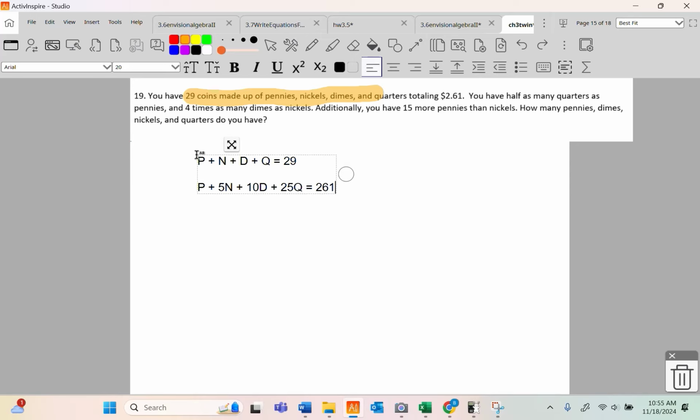I'm just going to talk about the pennies. $2.61 is 261 pennies. You have half as many quarters as pennies. This one always bothers me for some reason, because you have to have equality.